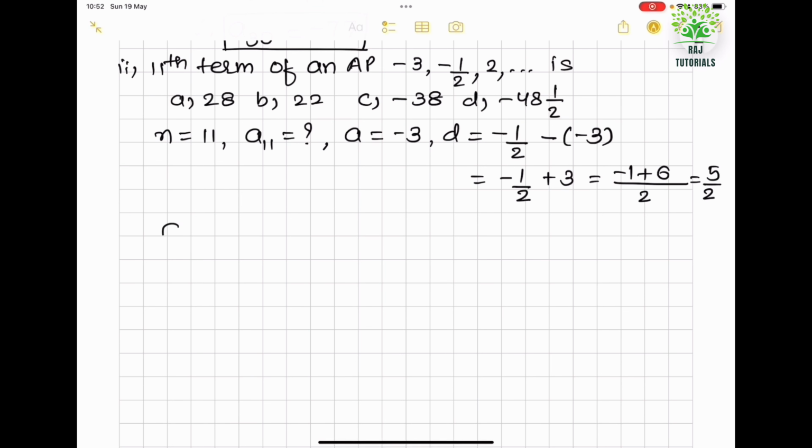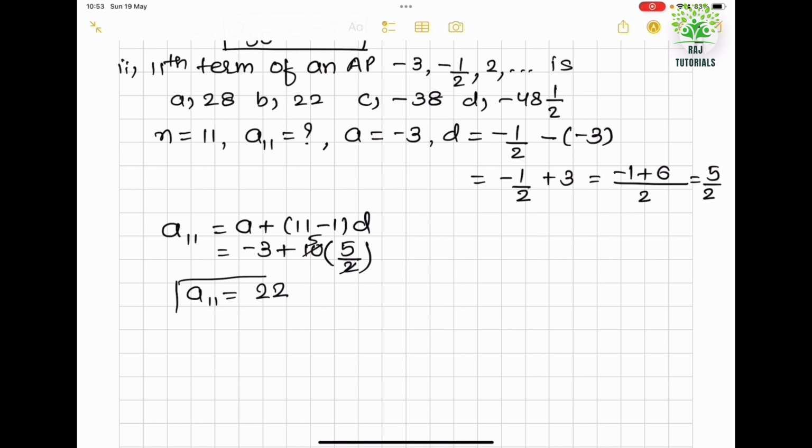Now I need to find a_11, so a plus (11 minus 1)d. That will be minus 3 plus 10 into 5 by 2. So 2 fives are 10, 5 times 5 is 25, minus 3. So that will be 22. So a_11 will be 22.